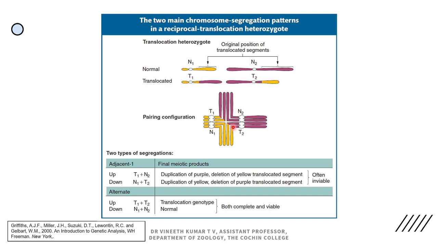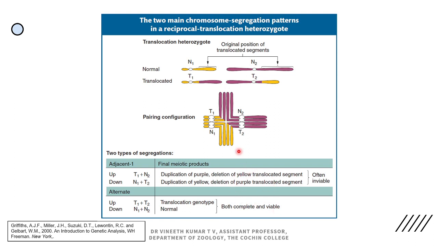As a result, this is completely normal, and this also will act as normal because with translocation the genes are not missing, only the positions have changed. As a result, both are complete and viable.